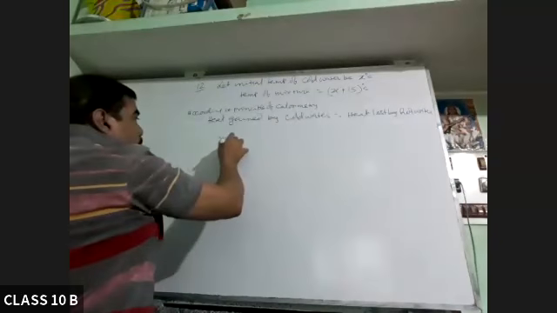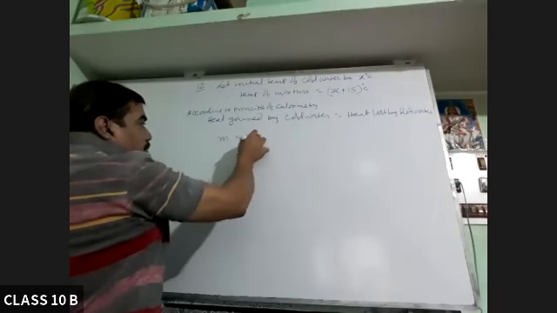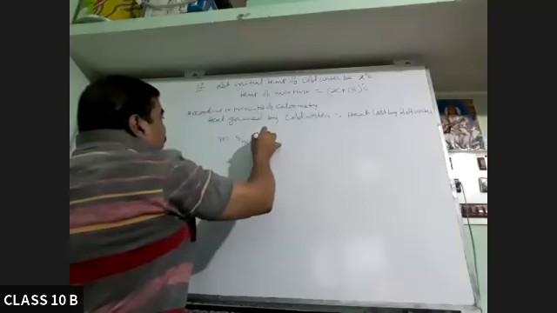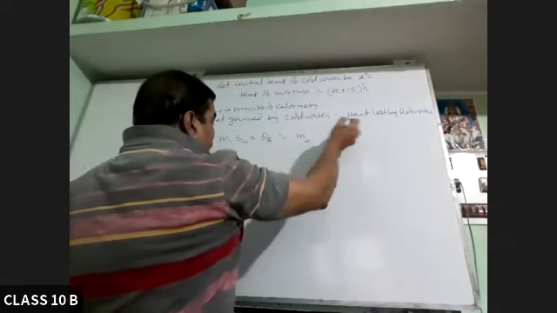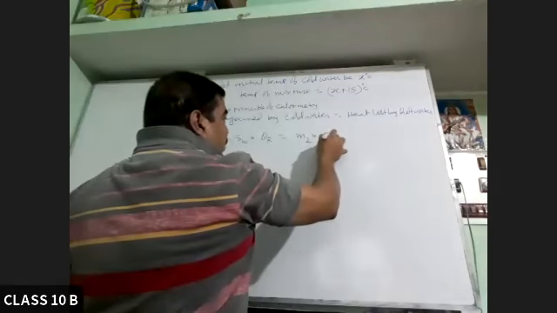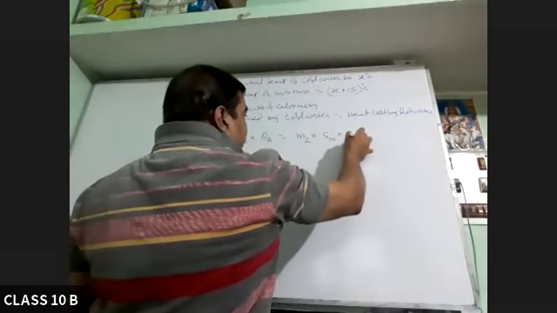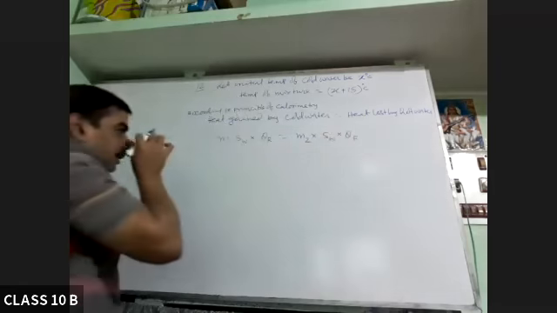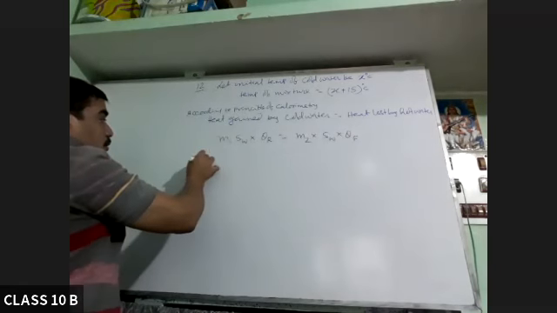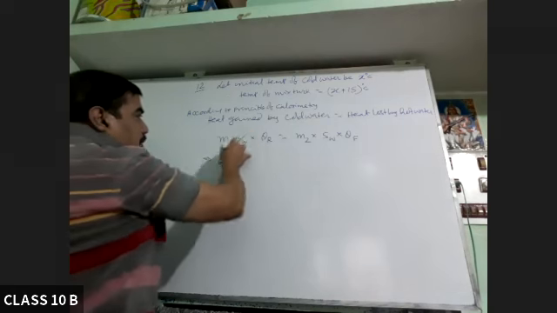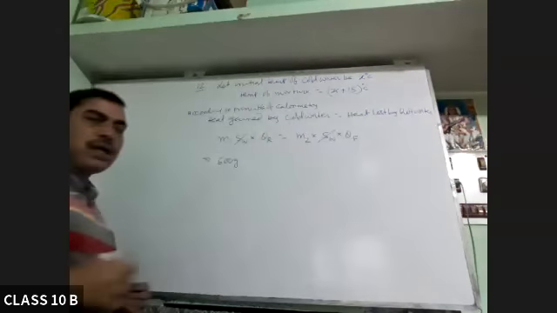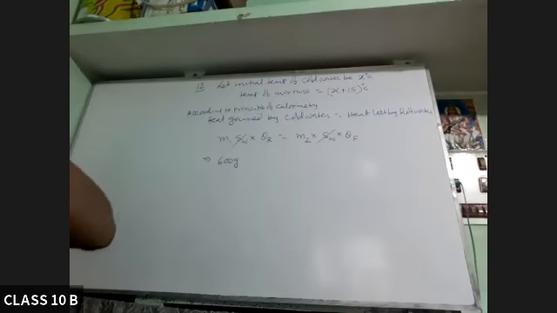So mass of cold water into specific heat capacity of water into rising temperature must be equal to mass of hot water into specific heat capacity of water, which will be the same, into falling temperature. Specific heat capacity on both sides is water only, so no need to substitute the value. It will cancel.